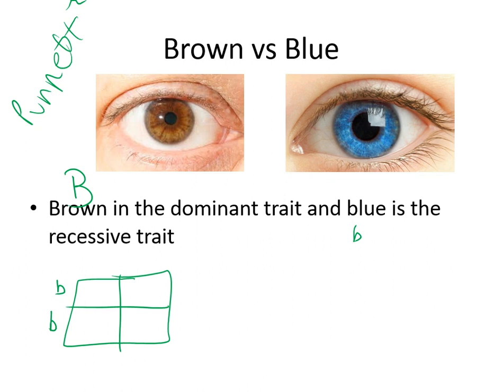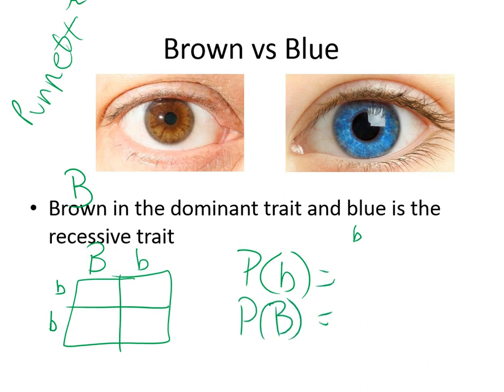And so let's say the next one is somebody with brown eyes, but they carry the recessive gene as well. Okay, and you want to know, what's the probability of them having a blue-eyed child? What's the probability of them having a brown-eyed child?